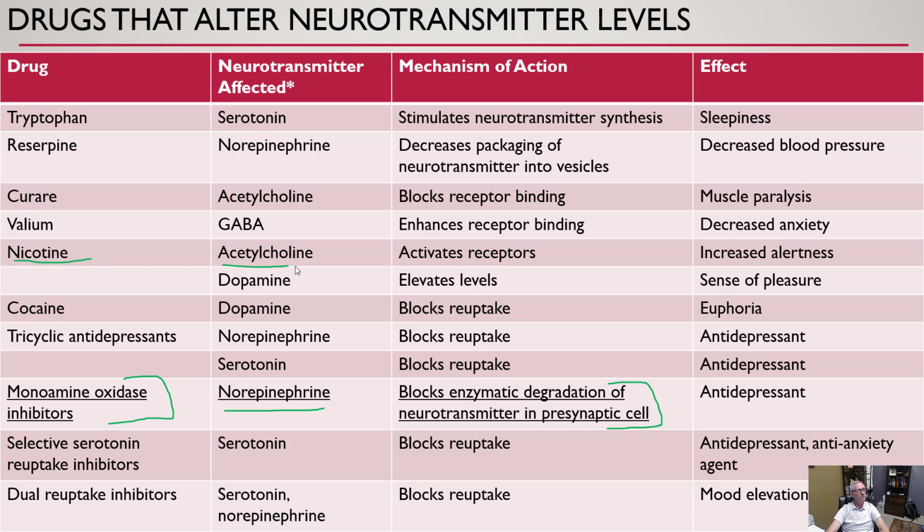Nicotine affects acetylcholine. We'll talk about that next chapter. Cocaine affects dopamine. It blocks the reuptake of dopamine, so dopamine stays in the synaptic cleft longer, which is why you get that sense of euphoria. Same thing with nicotine and dopamine, you get that sense of pleasure.